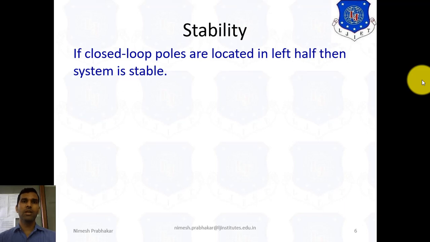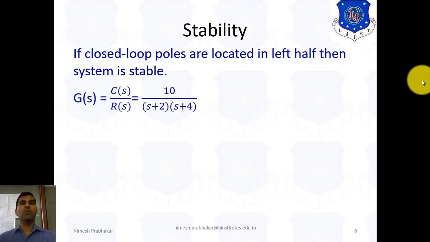Let us understand by using one example. See here, the transfer function of one system is given by C(s)/R(s) = 10/((s+2)(s+4)). Now we can find the poles of this system.